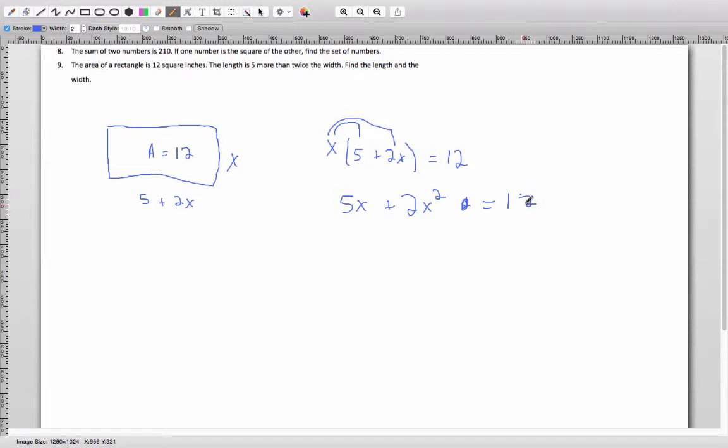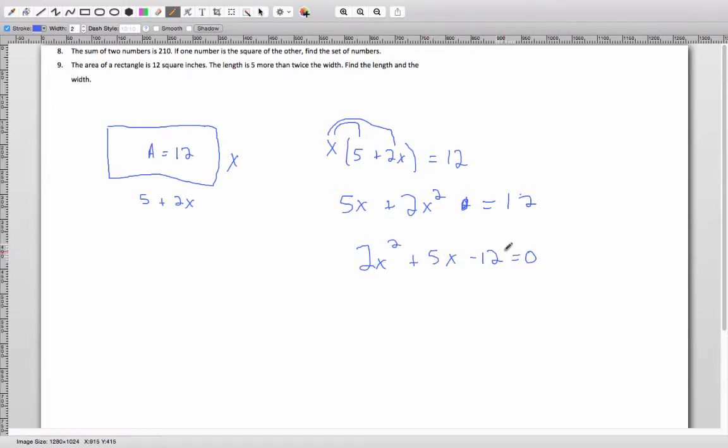Now I want to set everything equal to 0, so I'm going to bring 12 over. You could subtract 12 on both sides, but it's easier to just bring it over. So 2x squared plus 5x minus 12 equals 0.